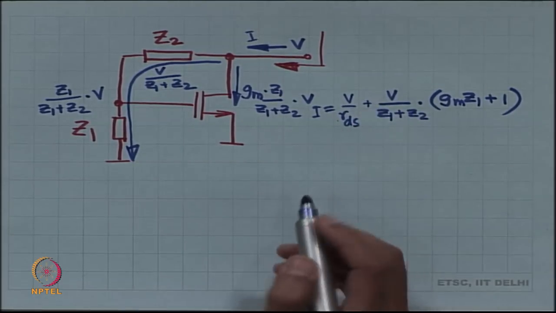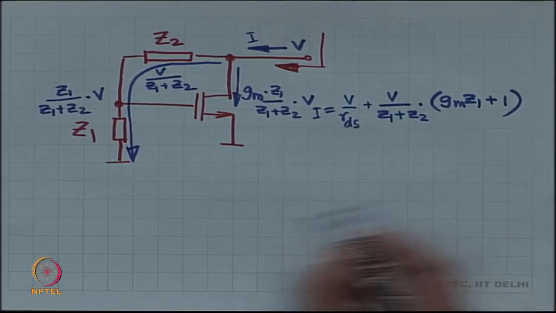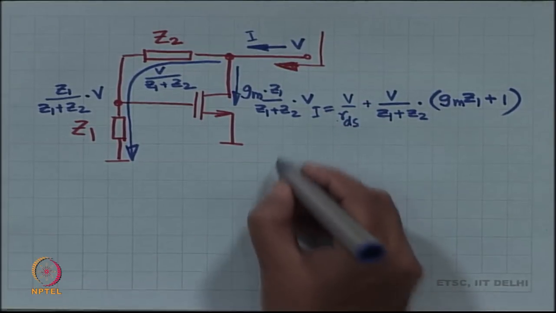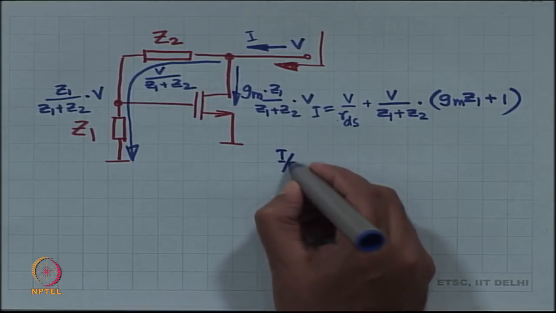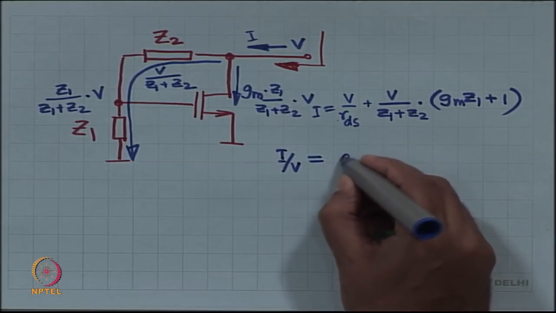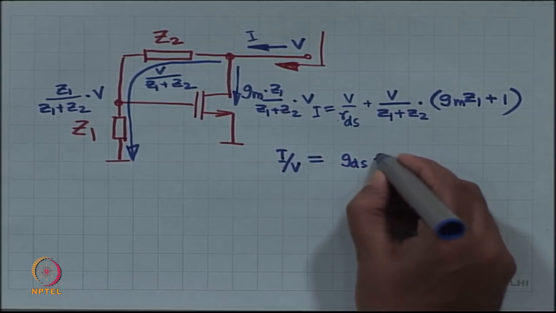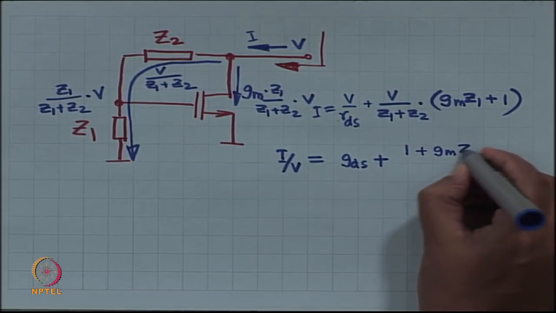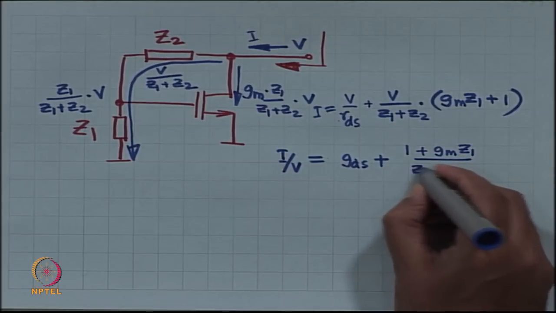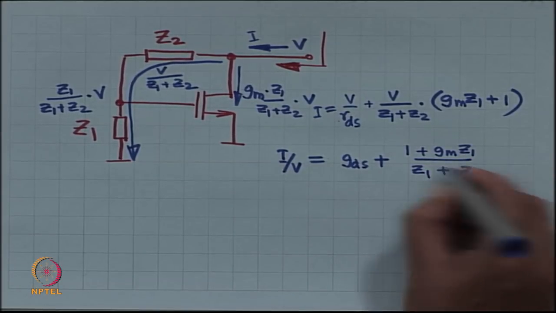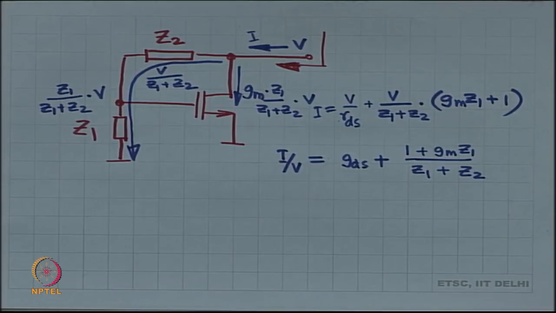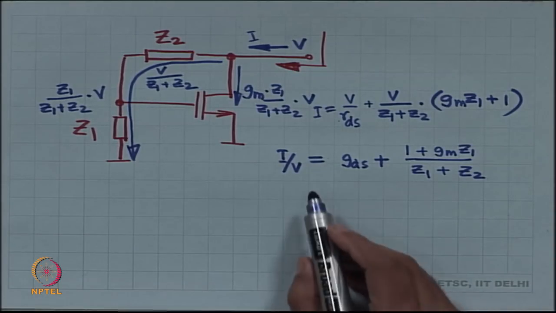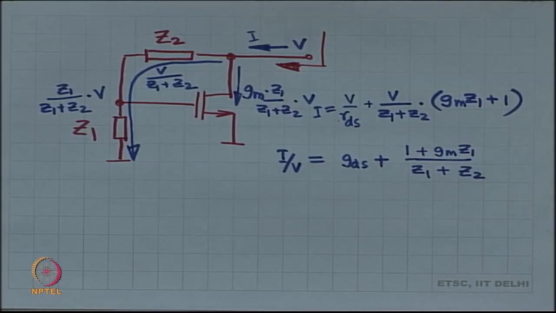Output conductance is I divided by V. Let us just do output conductance because it is easier. Okay. So, this is the output conductance. Output resistance would be 1 by of this. Fine.